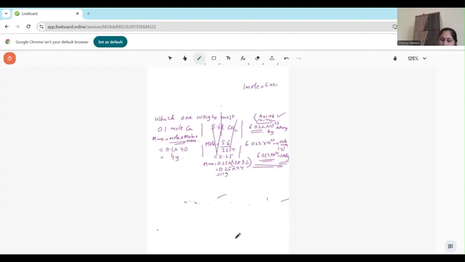So mass over molar mass, where the molar mass is 108, is equal to the number of moles, which is 1, because 1 mole already has this.